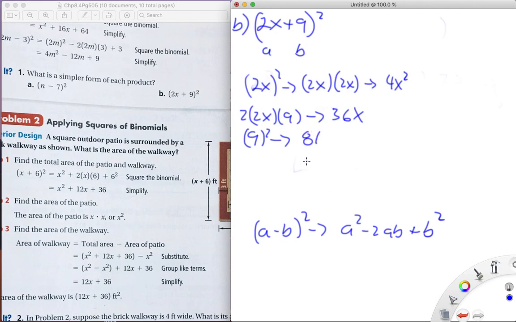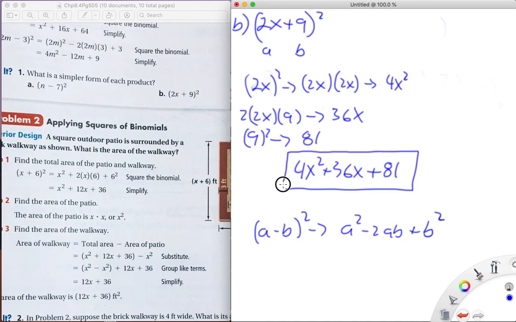So when I put it all together, it's going to be 4x squared plus 36x plus 81. And if you don't trust it, you can always use FOIL and put it together, but it will give you the same thing.